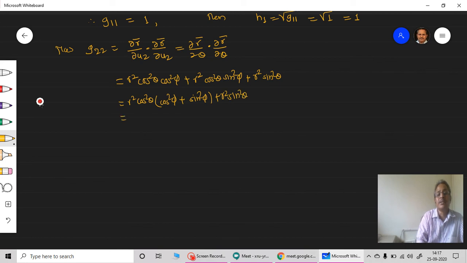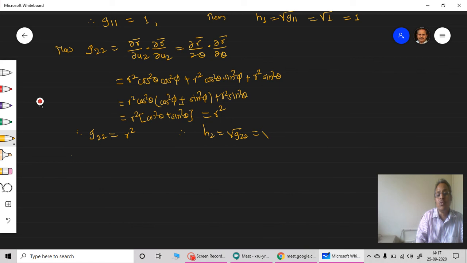Again solving this, this will be 1. This is r square cos square theta plus r square sin square theta, which is simply r square into the bracket cos square theta plus sin square theta, and that is simply r square. Therefore I get the second calculation, G22, equal to simply r square, and therefore h2 is equal to root of G22.